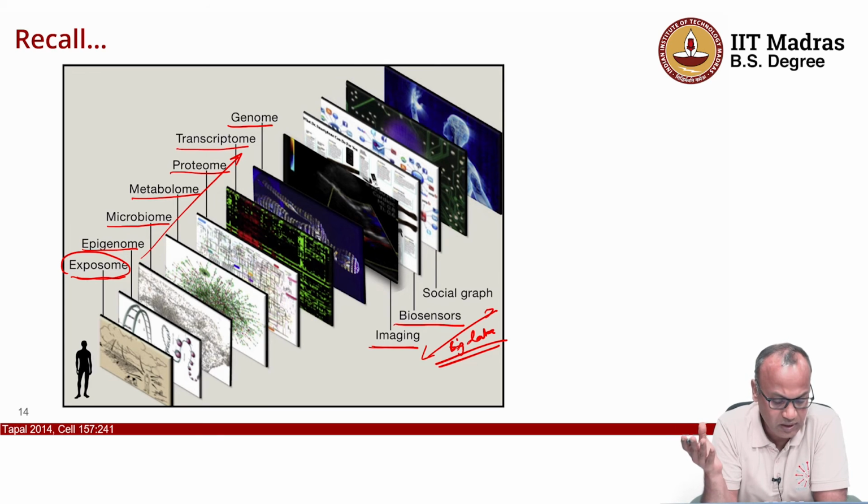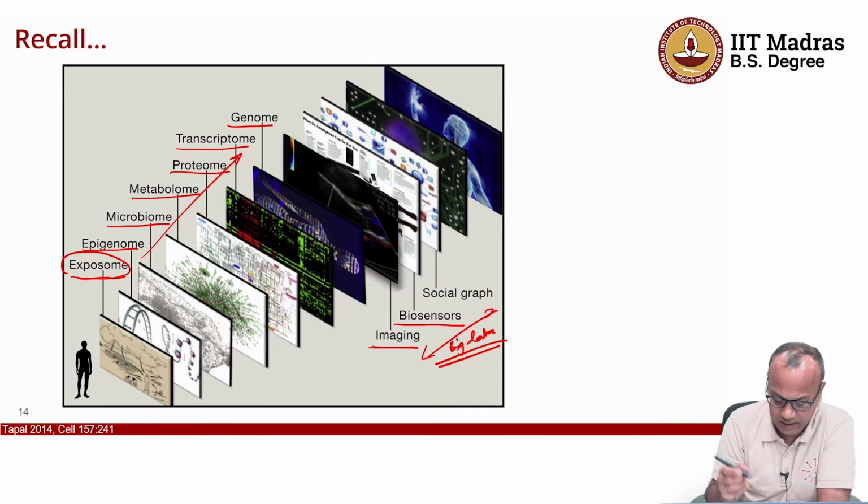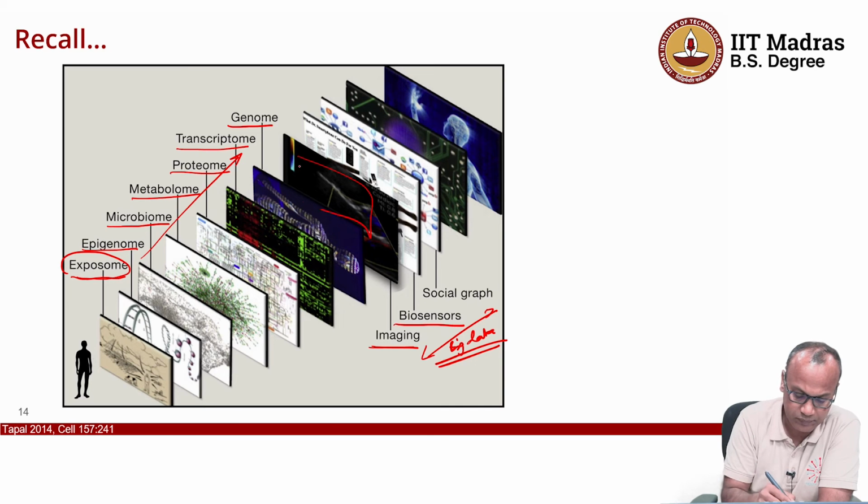So as you can see, in the earlier part I was talking about which of the data is more complex, astronomical data or the genomic data. Astronomical data essentially is one layer, this imaging layer.